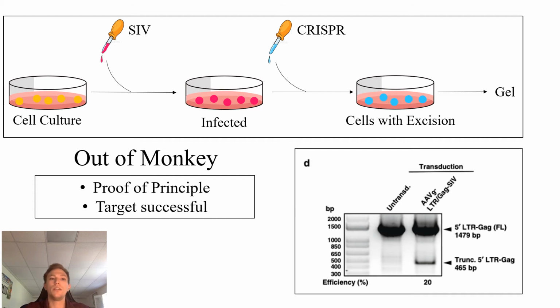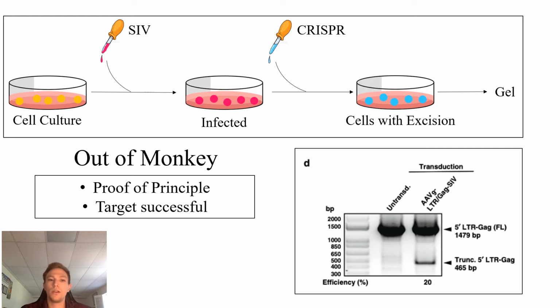So they acquired these cell cultures and gave them SIV MAC239, which is just the simian immunodeficiency virus found within rhesus monkeys, leading to these infected cells. So these cell cultures receive SIV. These are now infected cells. And then they treated these cells with the AAV9 CRISPR-Cas9, in which they would expect to see cells with these excised regions. And to show this, they ran a gel.